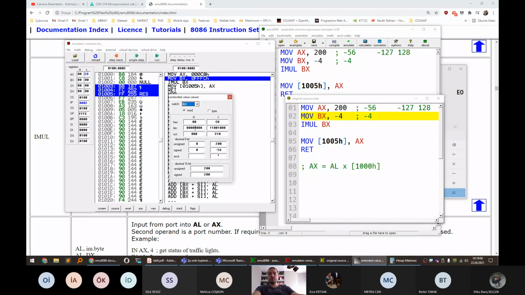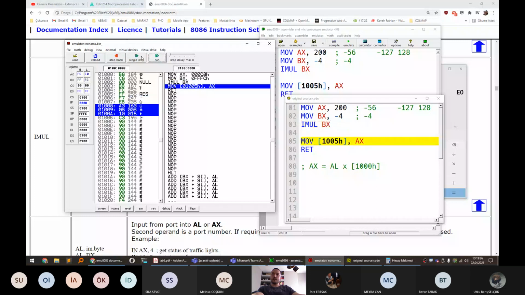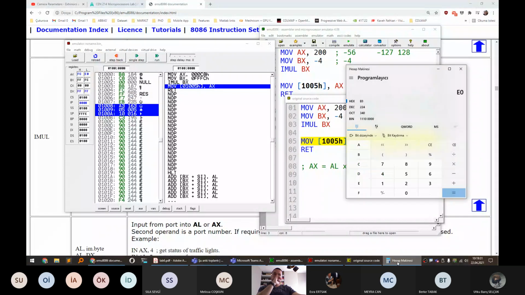Why? Because we look for the signed value of AX. These are the same now. -4 is FFFC in 16-bit. Multiplying with I multiplication, the result is FC E0.